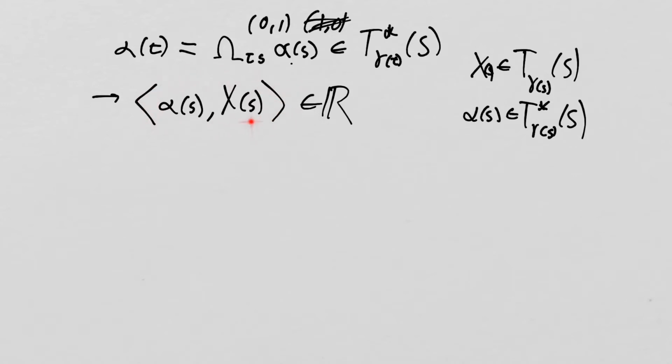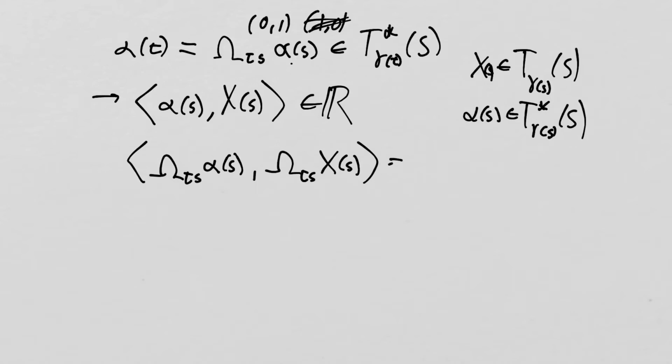We want the dual space mapping to be preserved under parallel transport, which means that Ω_TS of alpha S, comma Ω_TS of X_S has to equal alpha at S, X at S. Right?